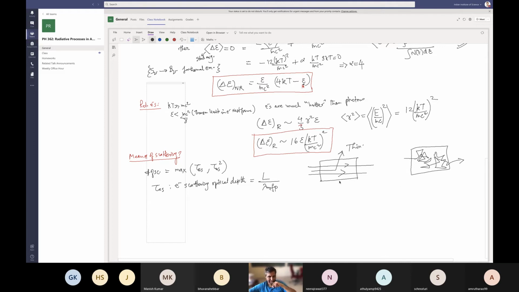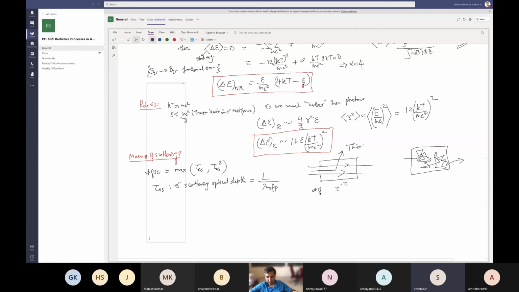So in this case, what is the number of scatterings? Right, so e to the minus tau. Yes, please. Yes, sir, I was saying that it was due to random walk.